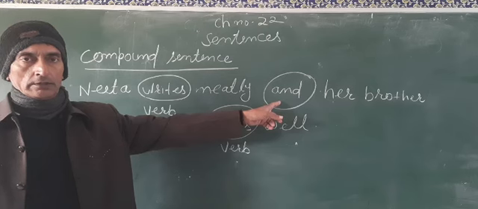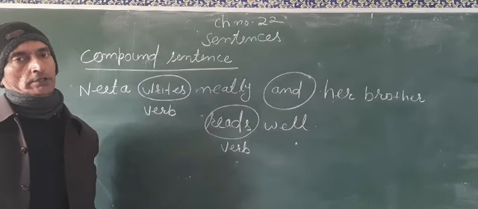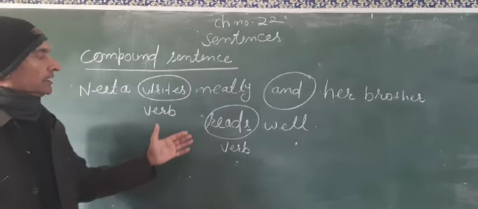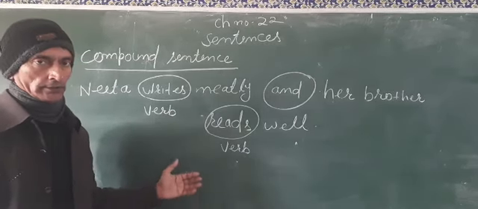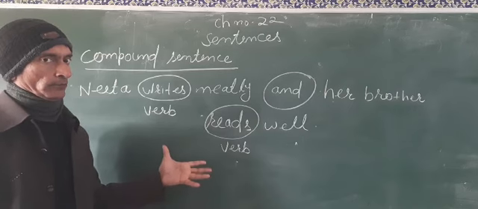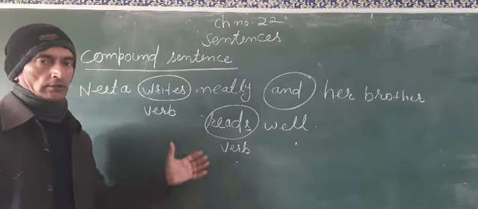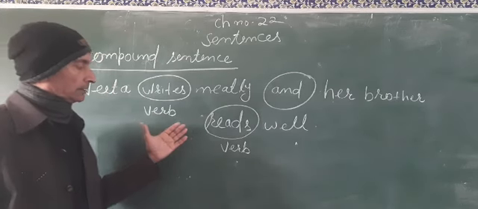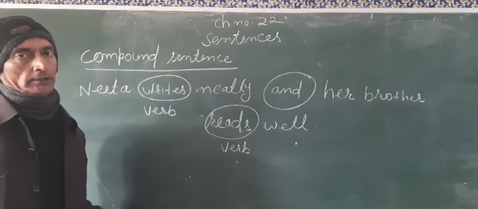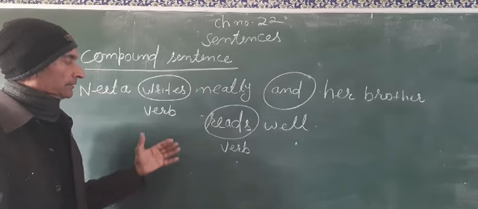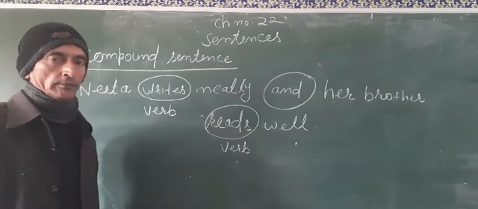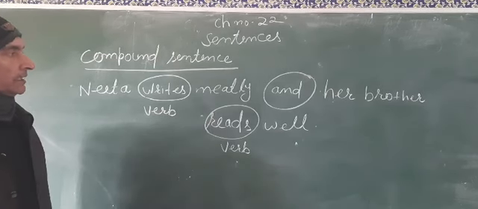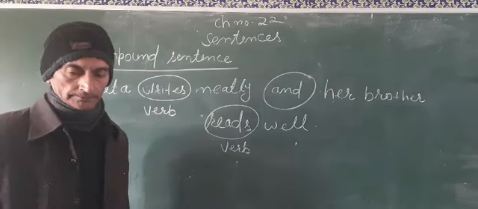Okay, students, coordinate conjunctions are called FANBOYS. You can remember it very easily. For your knowledge, I am giving you information about FANBOYS. They are called coordinating conjunctions. So let me give you some other example.